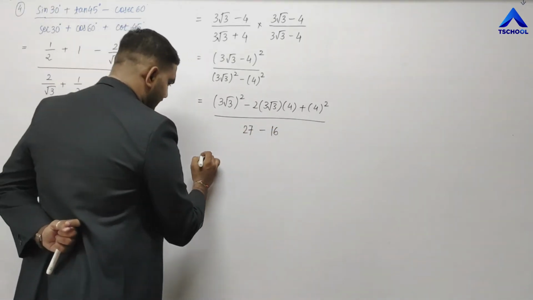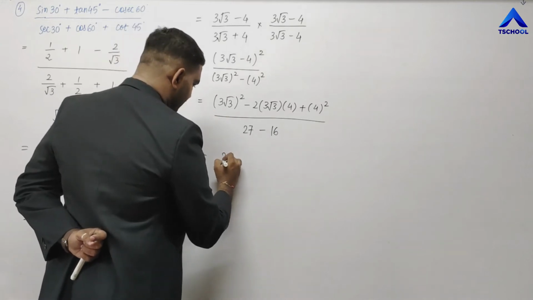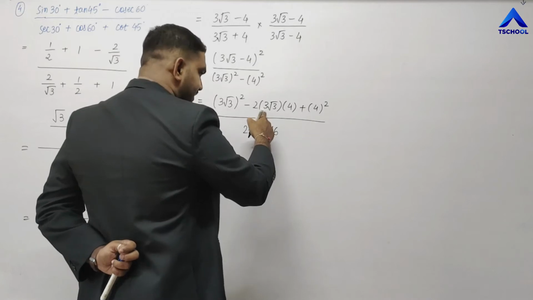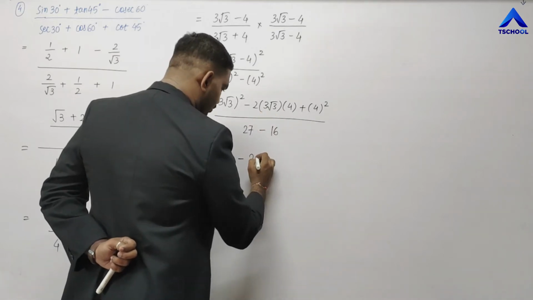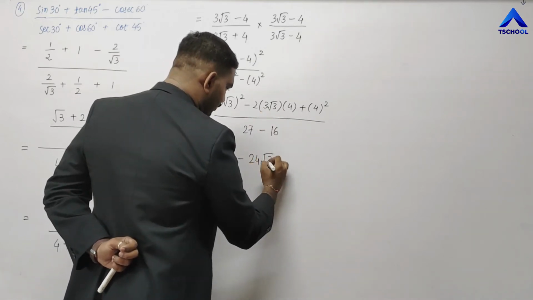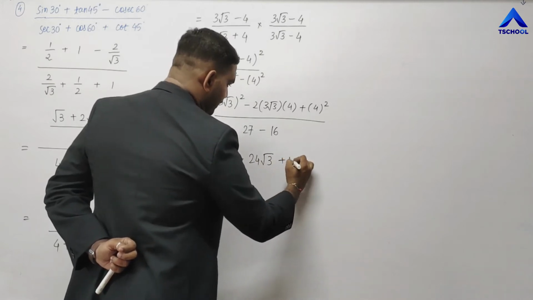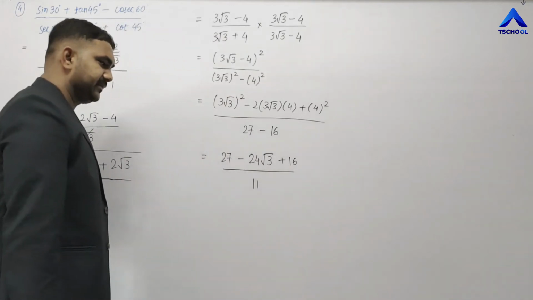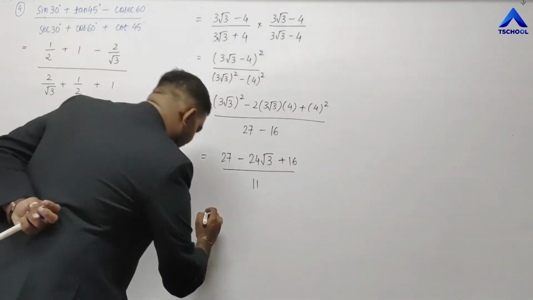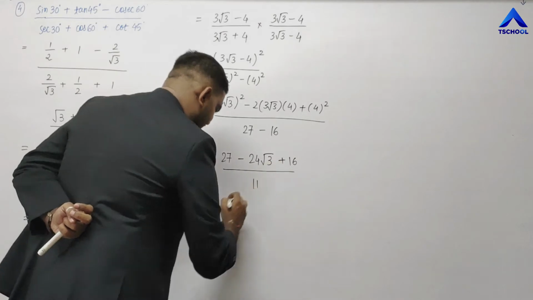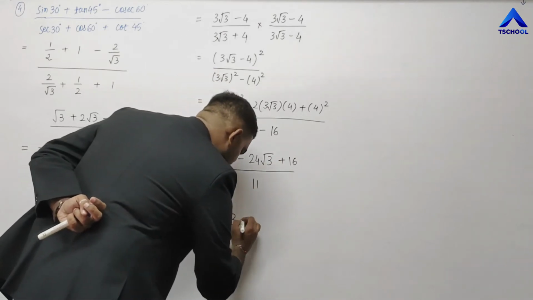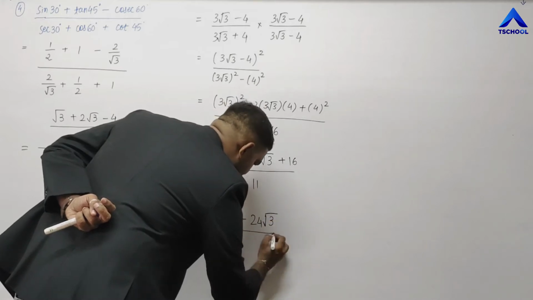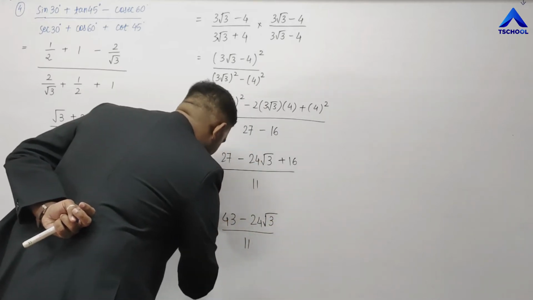That is equal to, again (3 root 3) square, that is 27, minus 2 into 3 is 6, 6 into 4 is 24 root 3, plus 16, whole divided by 11, and finally we get the answer: 27 plus 16, that is 43, minus 24 root 3, upon 11.